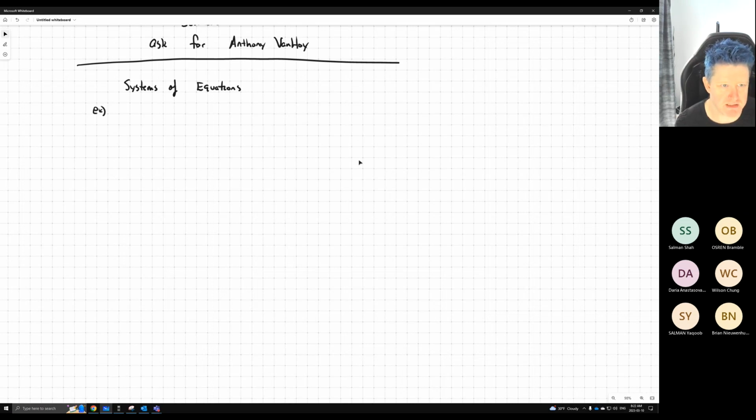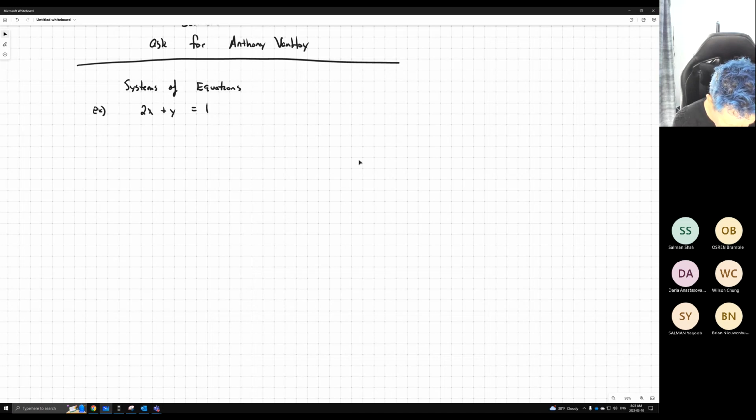Mesh analysis is essentially a distilled version of solving linear equations. It's a very important application for analyzing the current or the voltage in individual portions of a circuit. So you end up with two variables or three, you could have any number of variables.